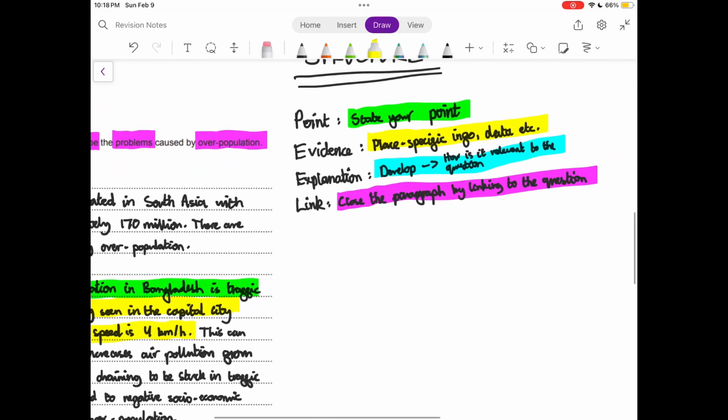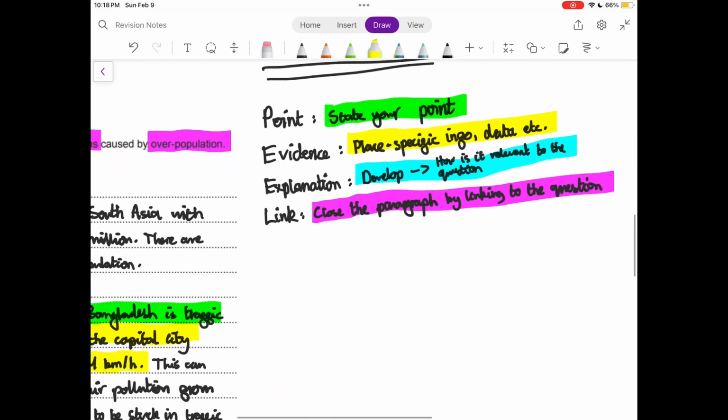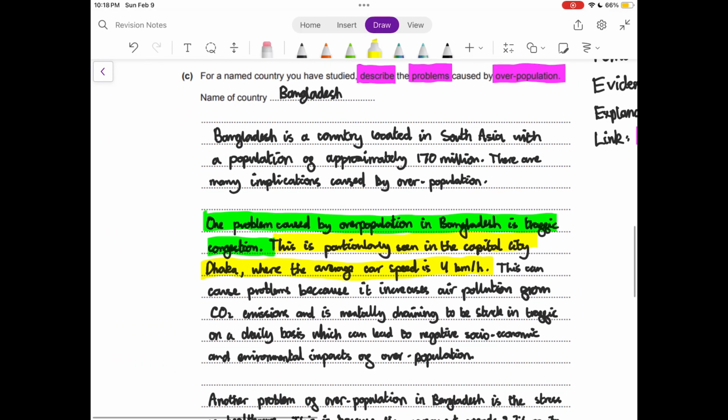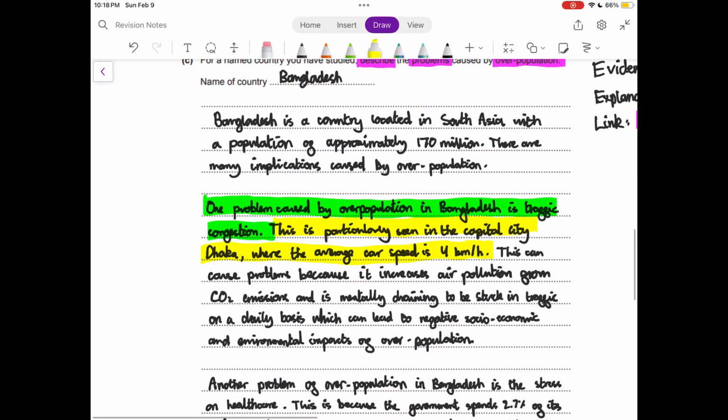Anyways, for explanation, this is where you develop your point and you explain how it is relevant to the question. So in this case, I said this can cause problems because it increases air pollution from carbon dioxide emissions, and it is mentally draining to be stuck in traffic on a daily basis.